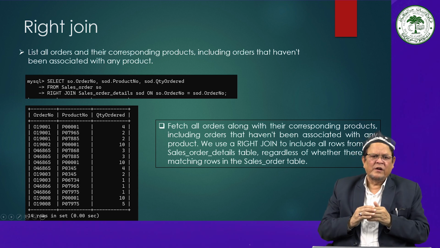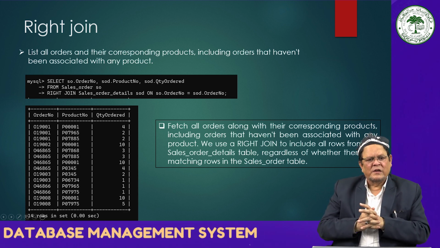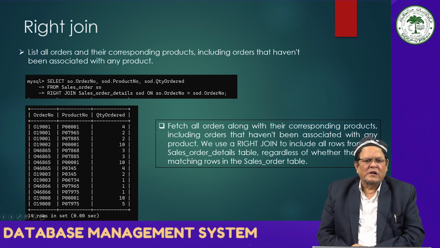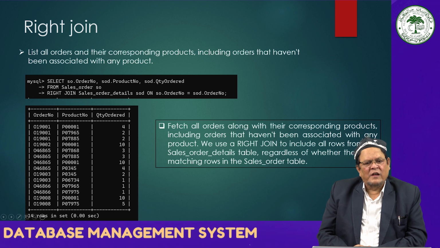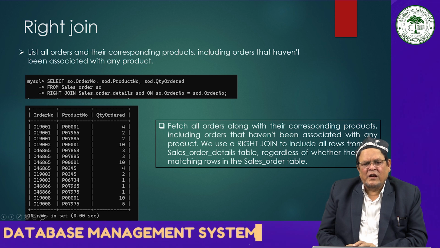In MySQL, you have to write: select SO.order_number, which means this attribute is from sales order, comma, SOD.product_number, comma, SOD.quantity_ordered, from the sales order table SO, right join sales order details SOD on SO.order_number equal to SOD.order_number.